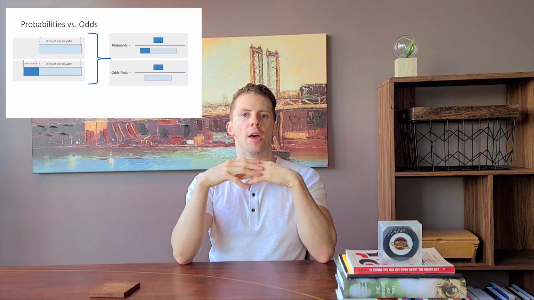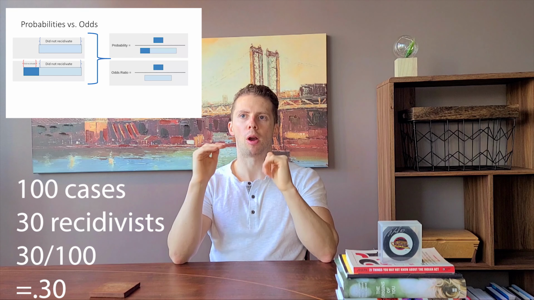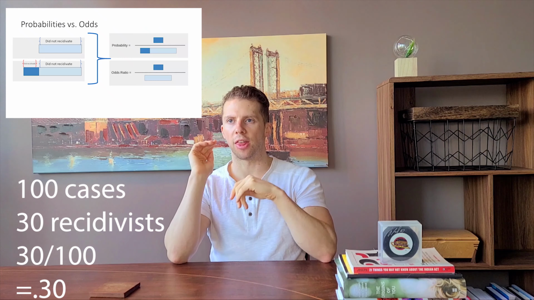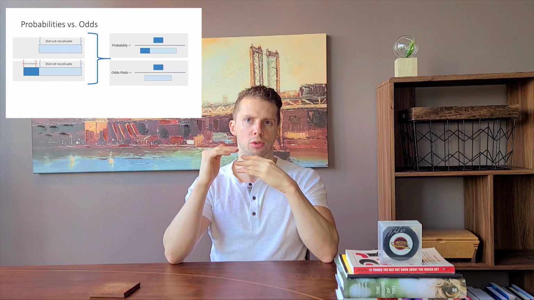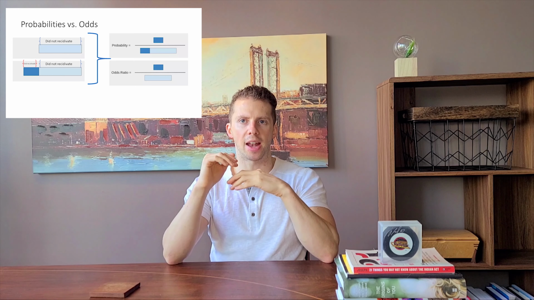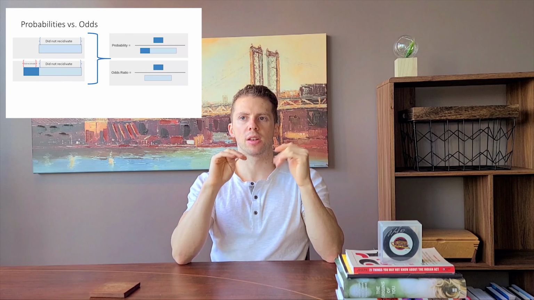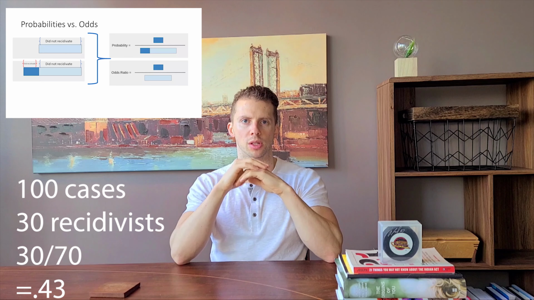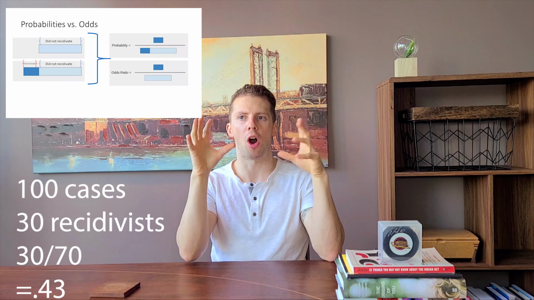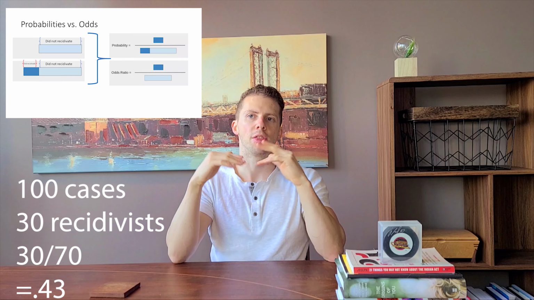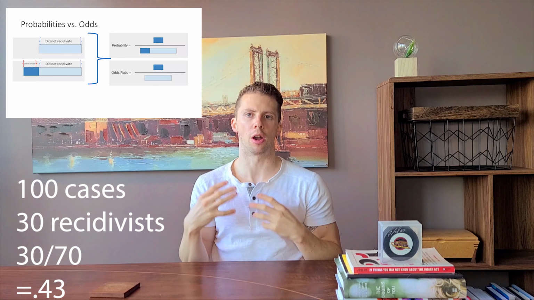If we had 100 cases, and 30 of those individuals recidivated, the probability of recidivism would be 30 divided by 100. When it comes to odds, we look at the number of individuals that did recidivate divided by the number of individuals that did not recidivate. So instead of the denominator being all cases, we're looking at the relative proportion of individuals that did recidivate divided by those that did not.